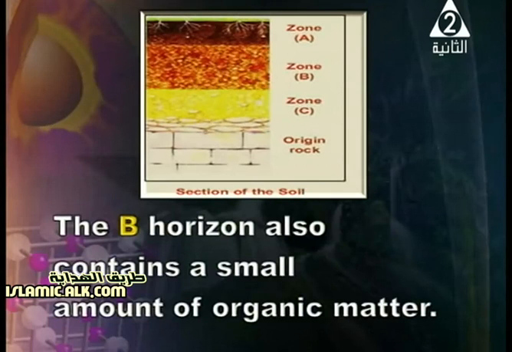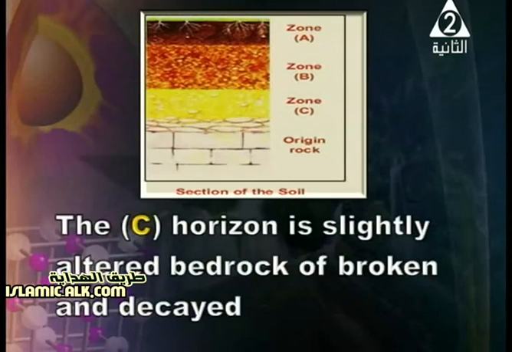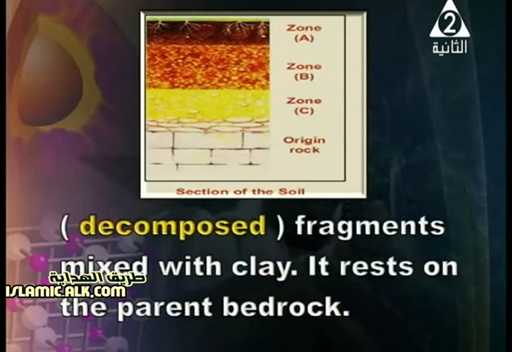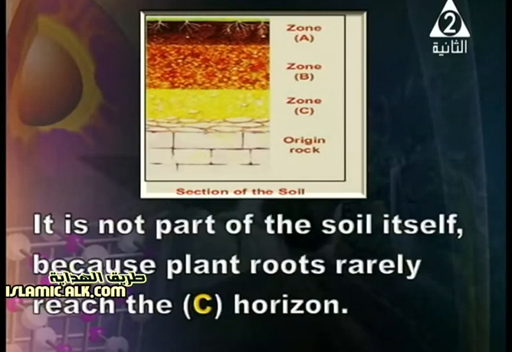The B horizon also contains a small amount of organic matter. The C horizon is slightly altered bedrock of broken and decayed or decomposed fragments mixed with clay. It rests on the parent bedrock. It is not part of the soil itself because plant roots rarely reach the C horizon.